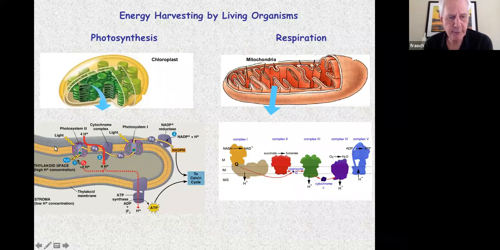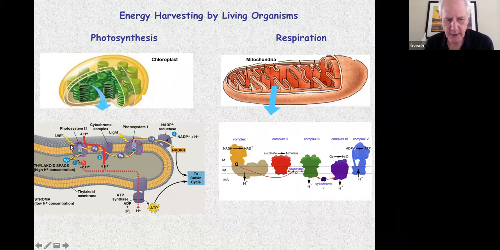There are membrane protein complexes that are absorbing the photons, and as a result, that causes electron transfer reactions that come through these various, and there's two light absorbing protein complexes, and it causes the reduction of NADP to NADPH, which then is an energy source for living things.